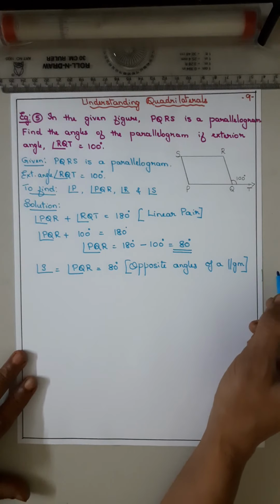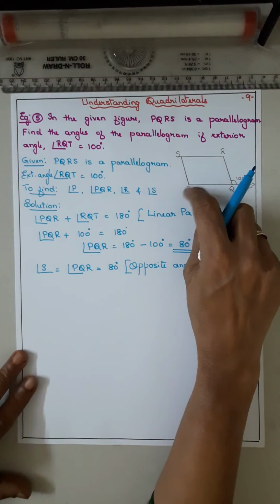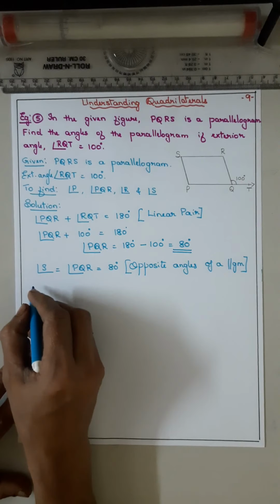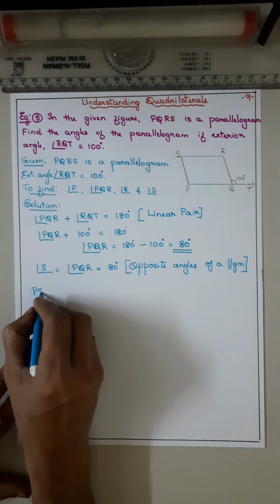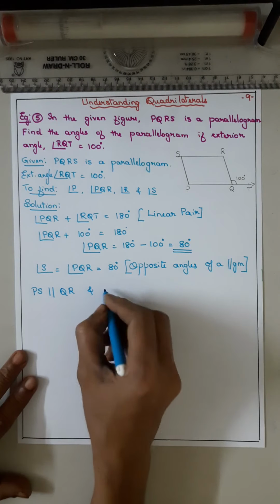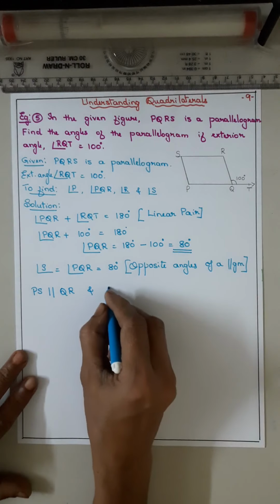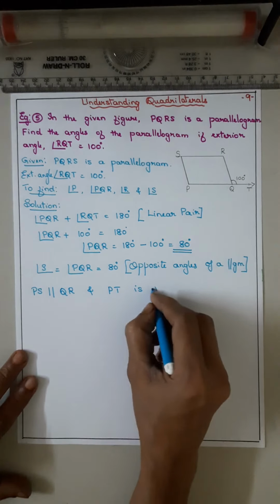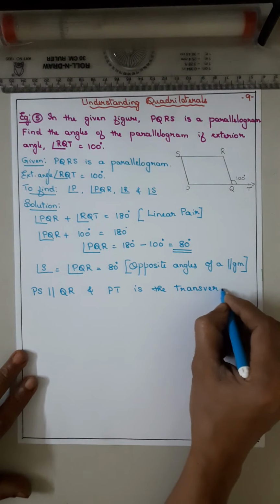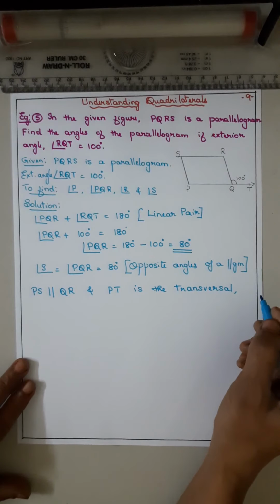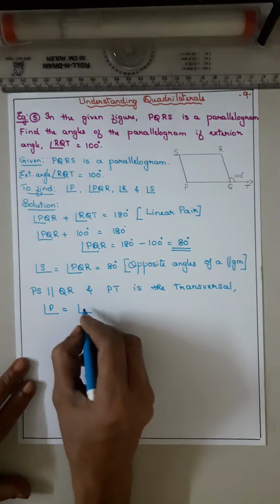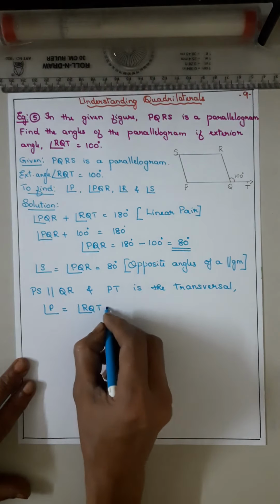Now, if you take PS and RQ as parallel lines, that is PS is parallel to QR and PT is the transversal, then angle P should be equal to angle RQT, that is 100 degrees.